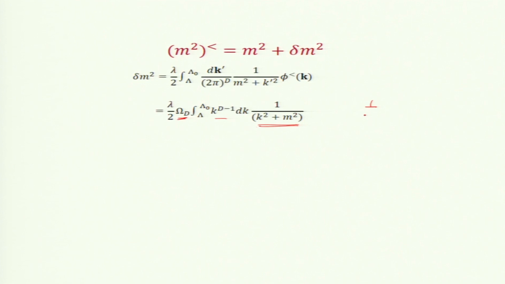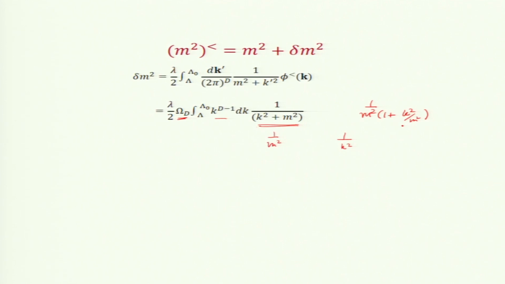We can write, since m squared is small, m squared outside times 1 plus k squared by m squared. I am going to do some approximation anyway. I will skip the algebra. This integral can be easily done, but it has two terms, one coming from 1 over m squared, the other coming from k squared.